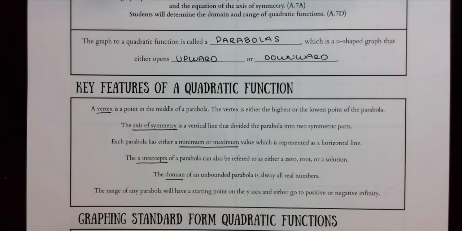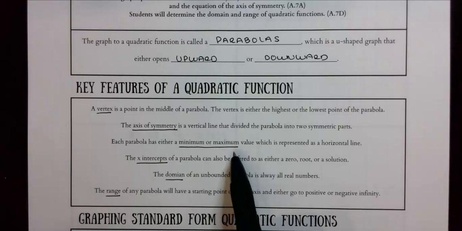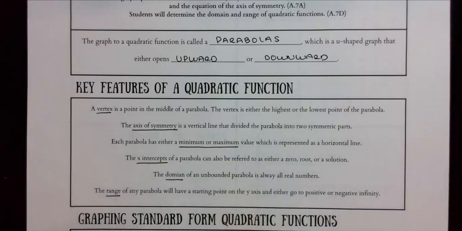Our range will not be all real numbers because we will have either a high point or a low point, which is our starting point. And then our graph will either go to positive or negative infinity. So we are going to identify our range, and we're actually going to use our range very closely with our minimum and maximum values.